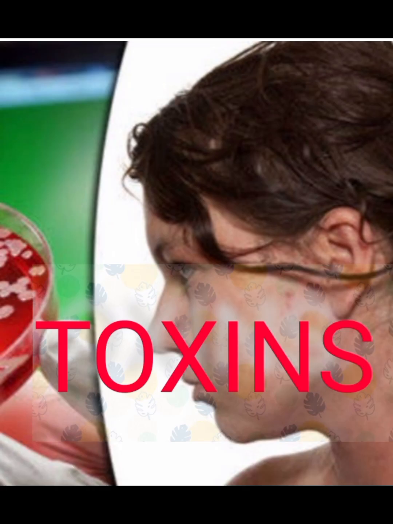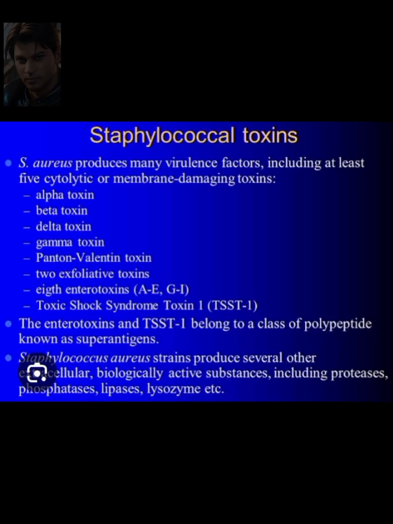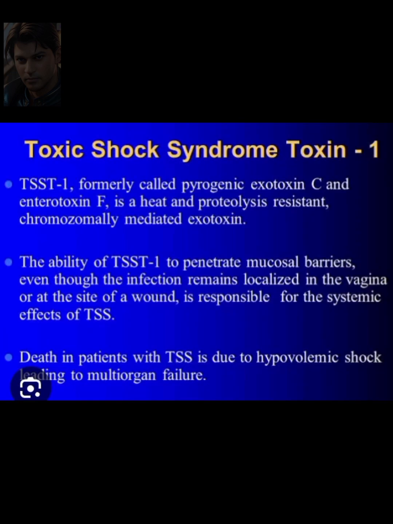Now we come to the toxins produced by Staphylococcus aureus. It produces different types of toxins, which help these microorganisms in their pathogenicity. Number one is exotoxins, which include alpha toxin, beta toxin, gamma toxin, and delta toxin.